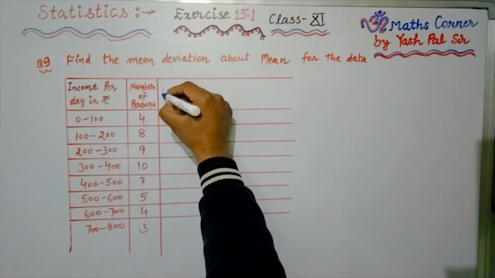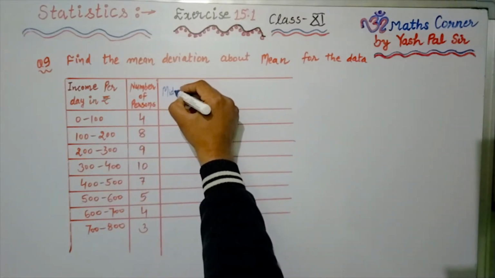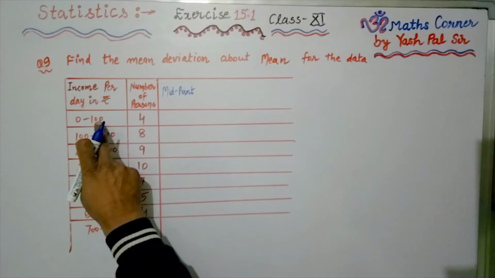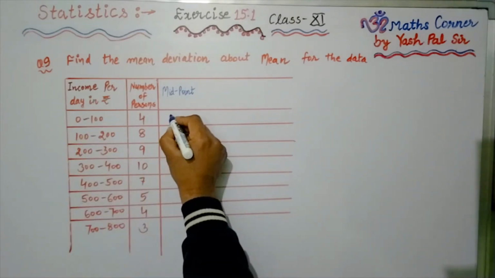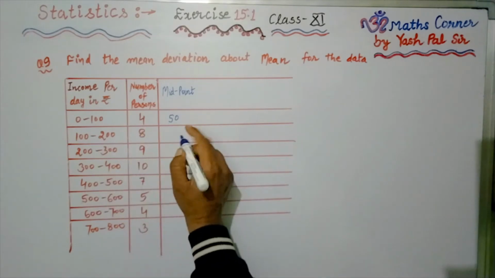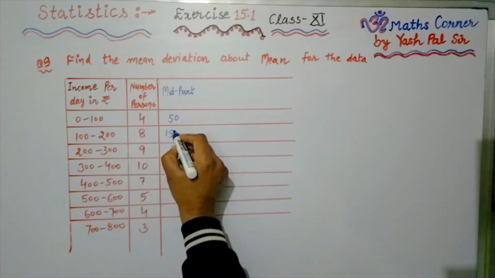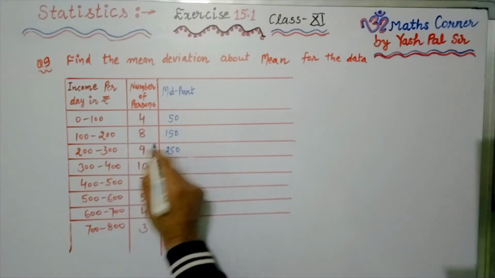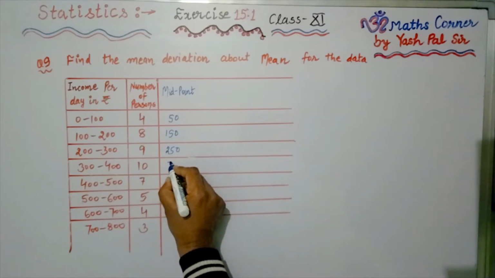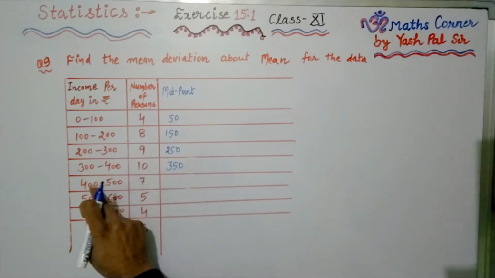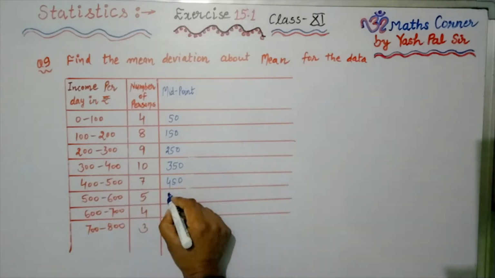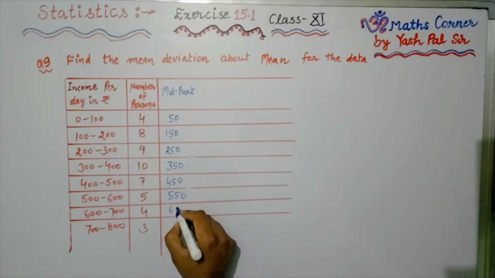Here first of all we find the midpoint of the class interval. 0 plus 100 divided by 2 is equal to 50. 100 to 200, midpoint is 150. 200 to 300, midpoint is 250. 300 to 400, midpoint is 350. 400 to 500, midpoint is 450. Then 550, 650, 750.